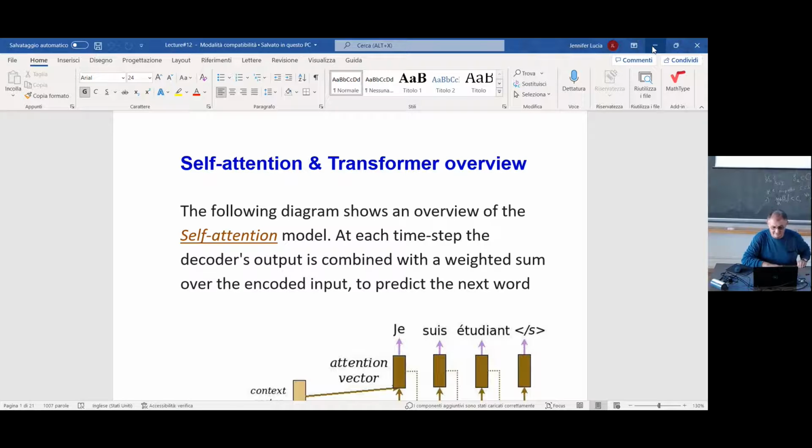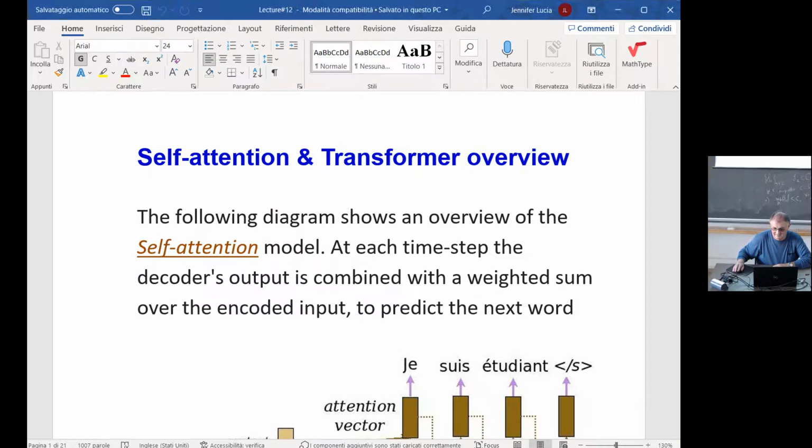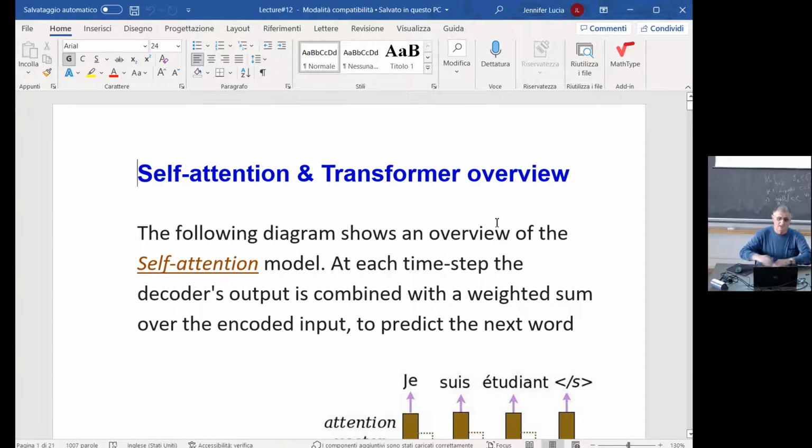The technology is the so-called transformer technology. This is the theory of self-attention and the theory of transformer.